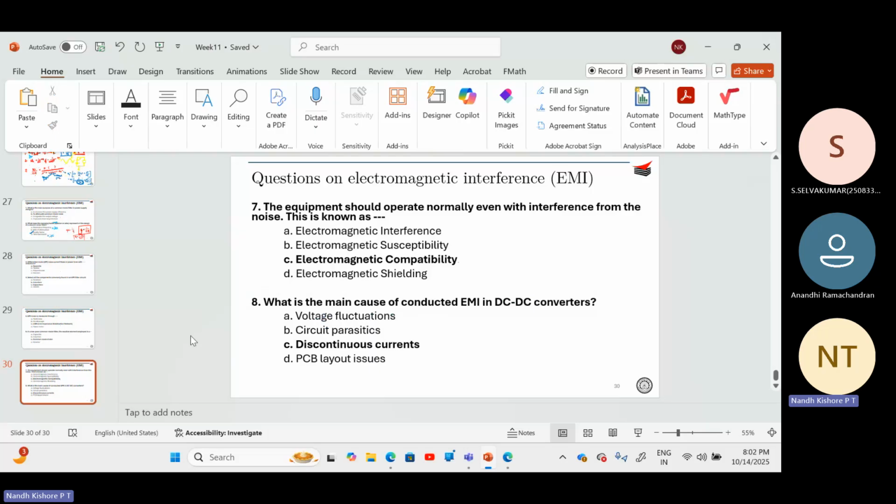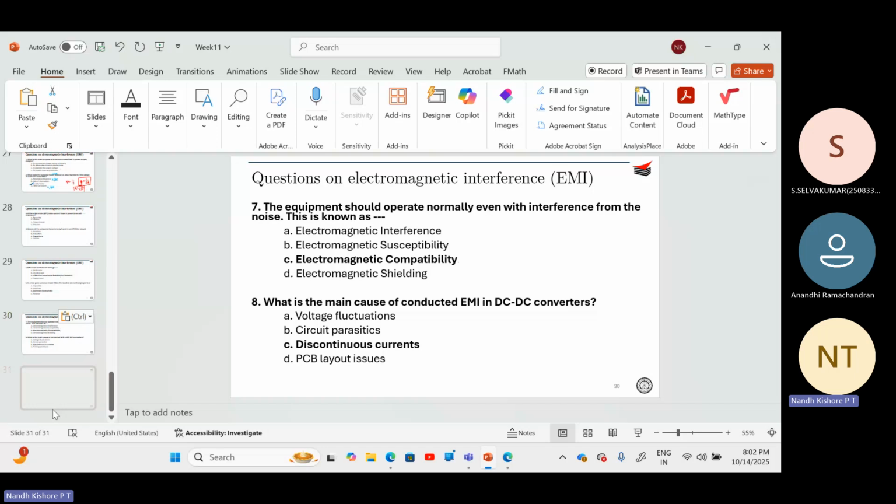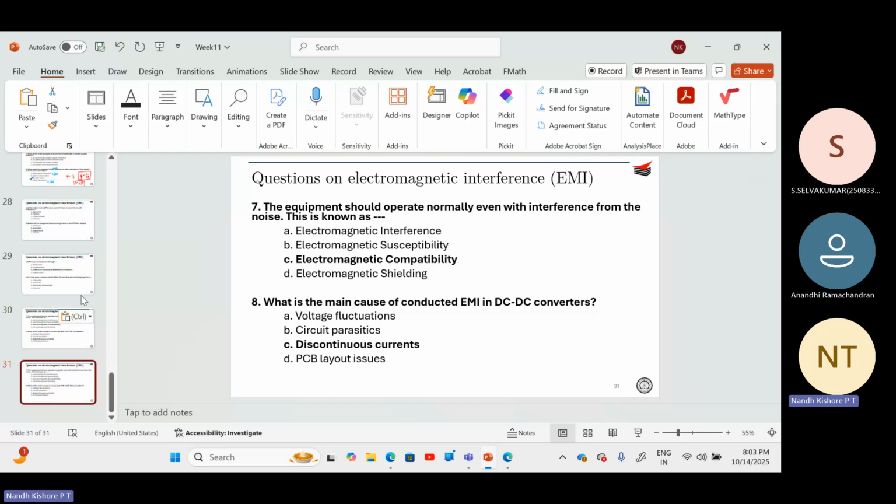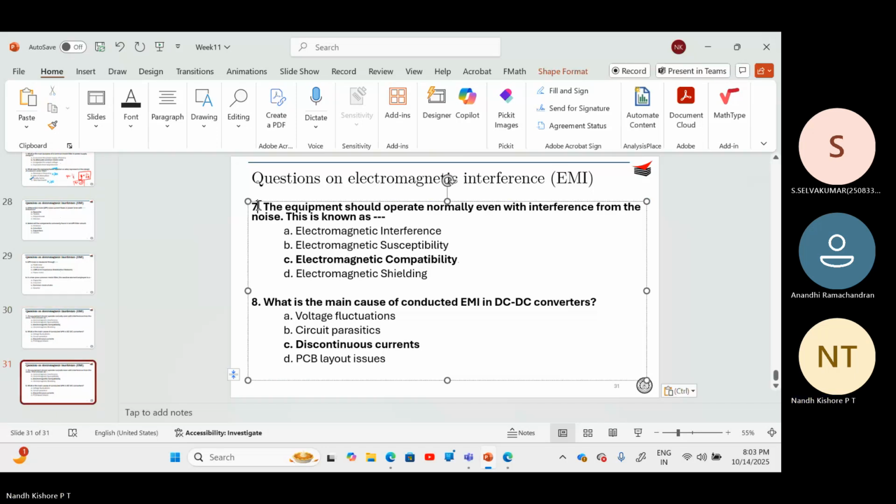The inductor carries current, then it suddenly falls to zero, and then there is zero current and so on. So the reason is these discontinuous currents. That is what causes conducted EMI. Okay. So we'll go to the next question.